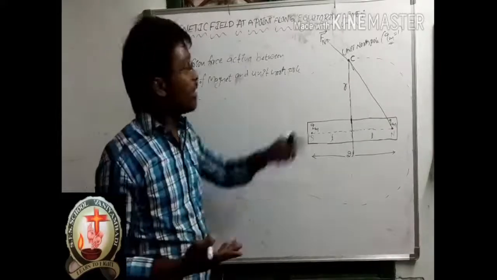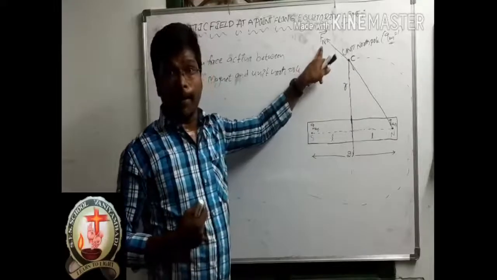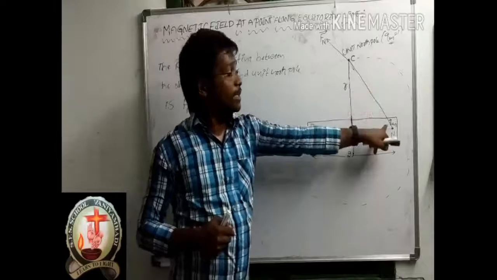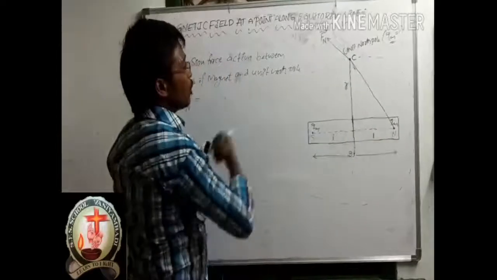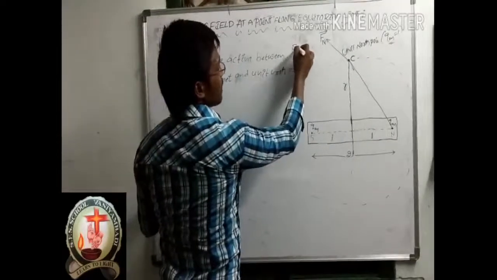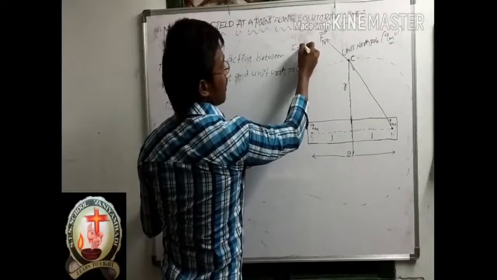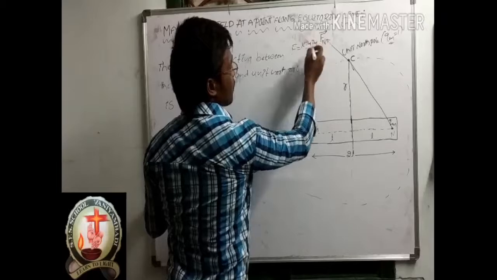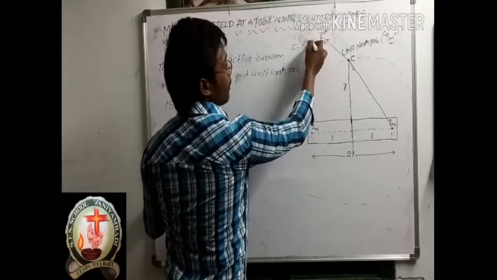from the Coulomb's law, what is the value of Fn? Here pole strength 1, here pole strength Qm. Actually, what is the Coulomb's law formula? F is equal to K Qm by R square, the pole strength of one pole and the pole strength of another pole, correct?